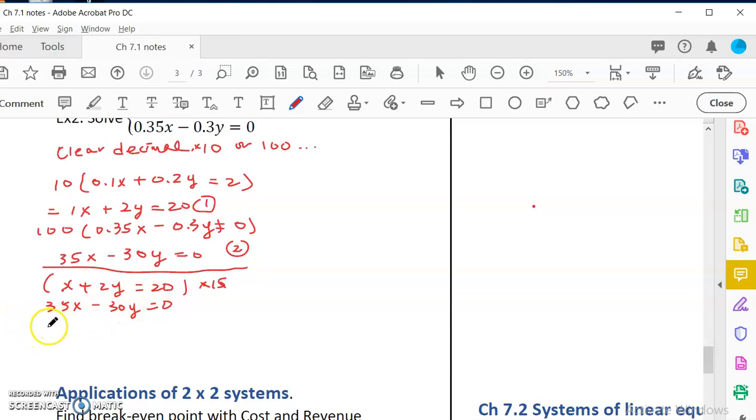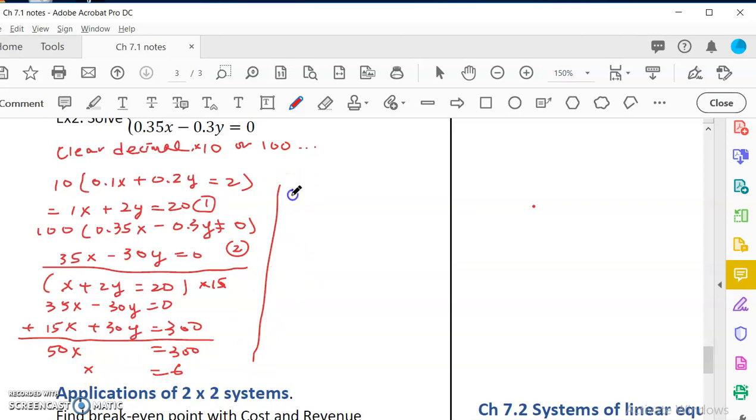So I would end up having 15x plus 30y equal to 15 times 20, which is 300. And I add them, so it becomes 50x is equal to 300, or x is equal to 6.